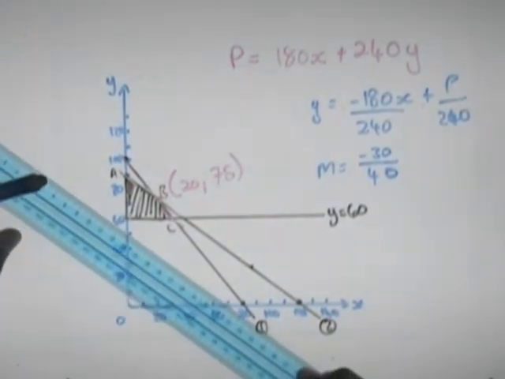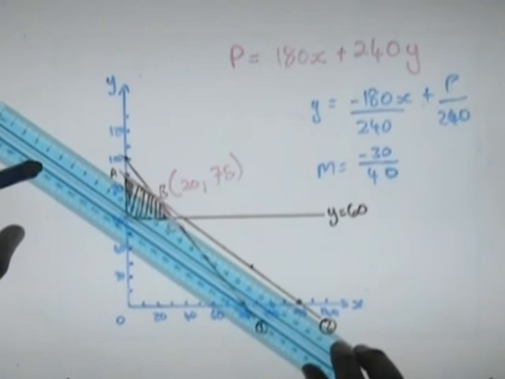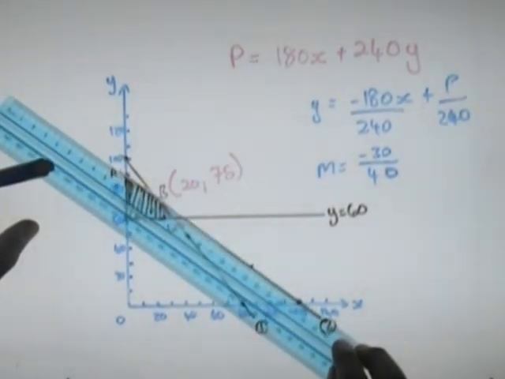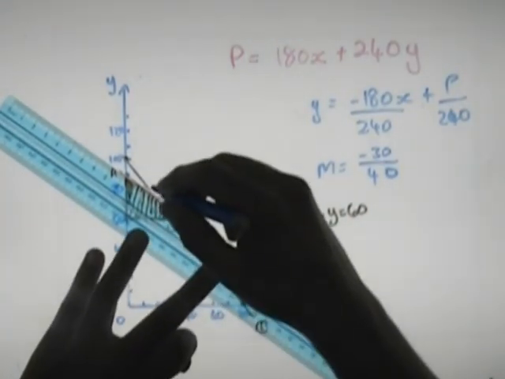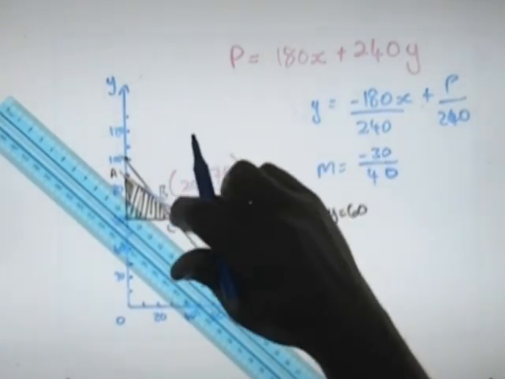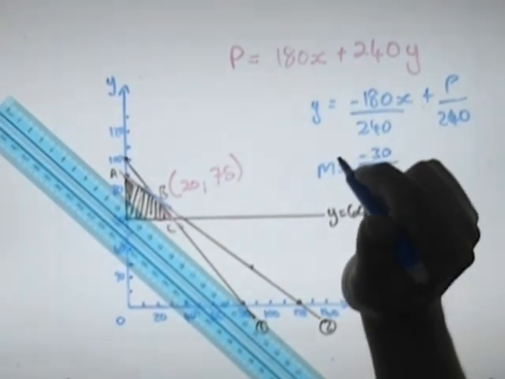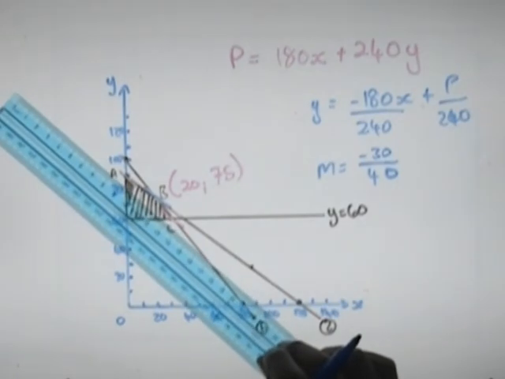If I move that search line up, again notice at C it's going to cut into the graph. At A it's going to cut in. At B it's going to touch, but it's not going to cut into the graph. It's still going to just touch the graph. Slightly different gradient from the previous profit maximizing function, but still it works.